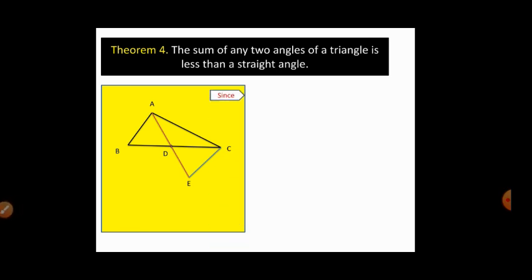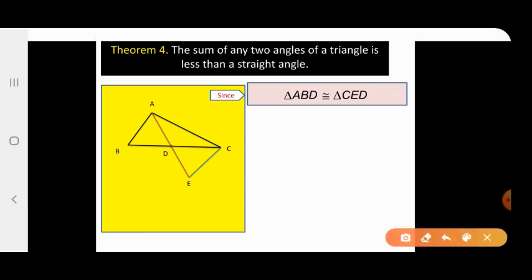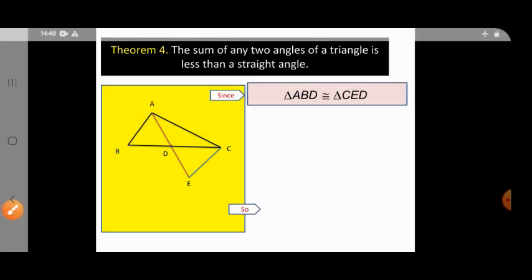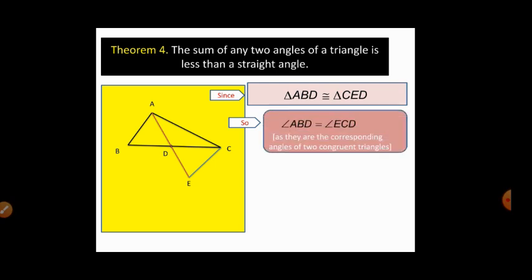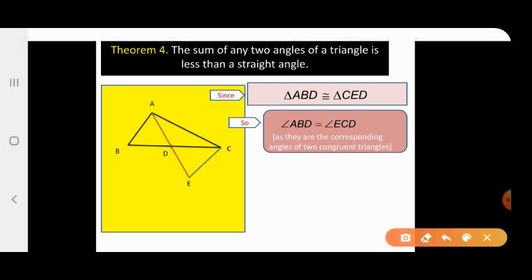Now, since these two triangles are congruent, that is triangle ABD and triangle CED are congruent, the corresponding angles of these two triangles must be equal. Here angle ABD, that is this angle, and angle CED, that is this angle, are corresponding angles of two congruent triangles.